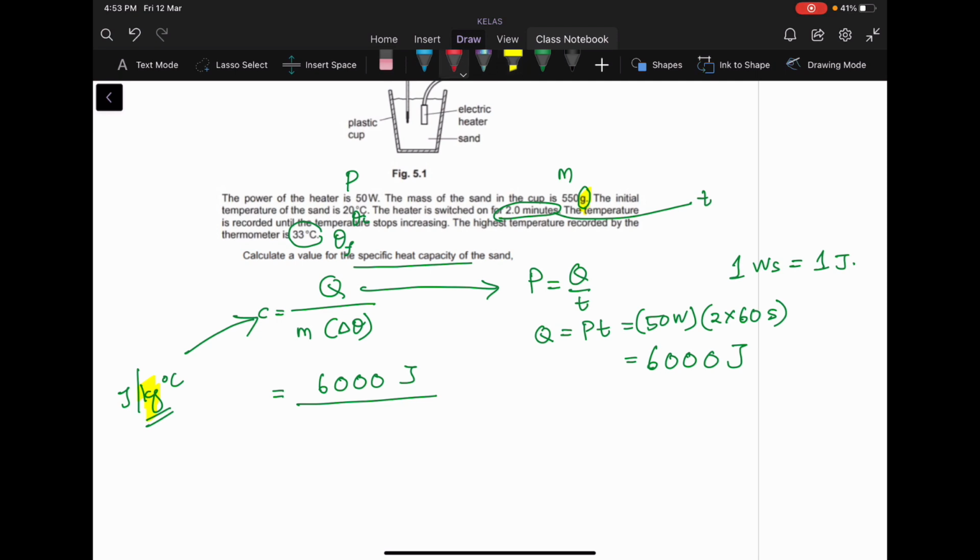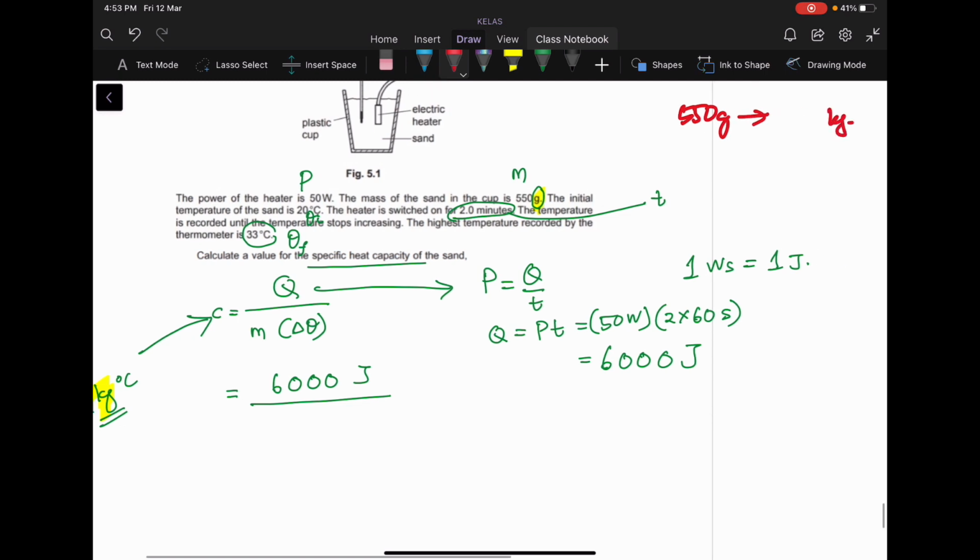That's easy: 550 grams, you just divide by 1000, so 0.55 kg. So here we have 0.55 kg times the temperature change, 33 degrees Celsius minus 20 degrees Celsius.